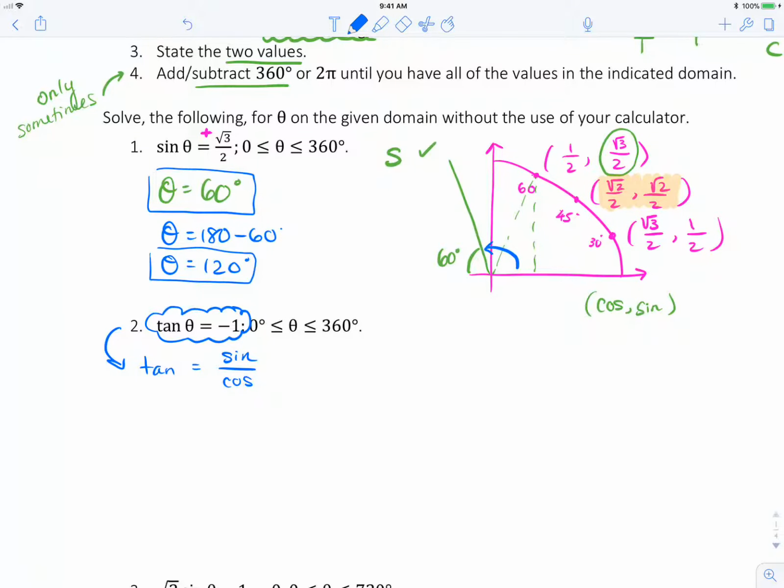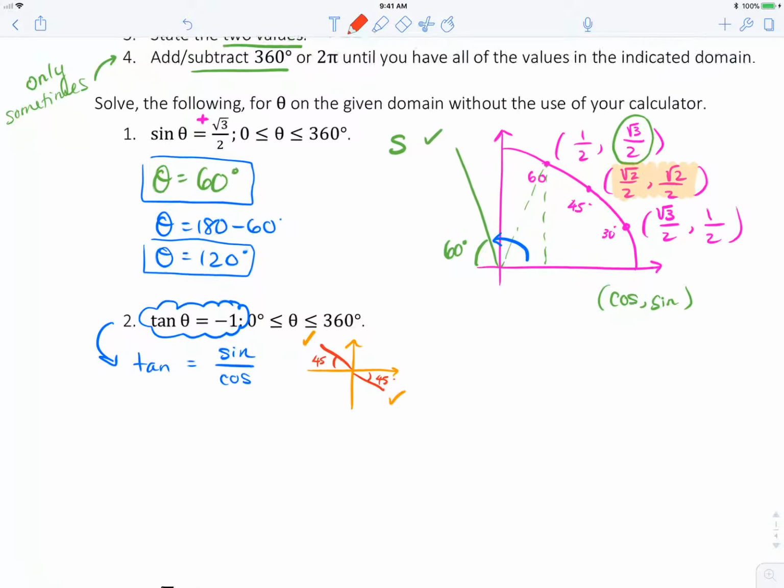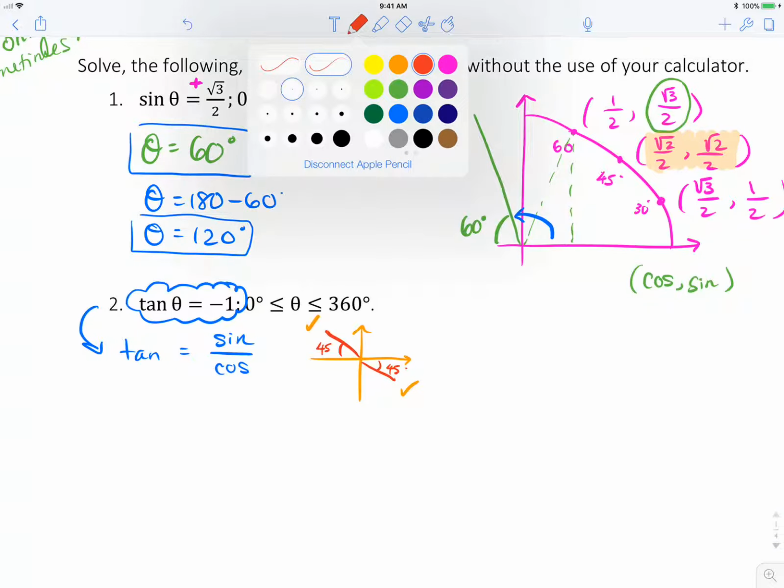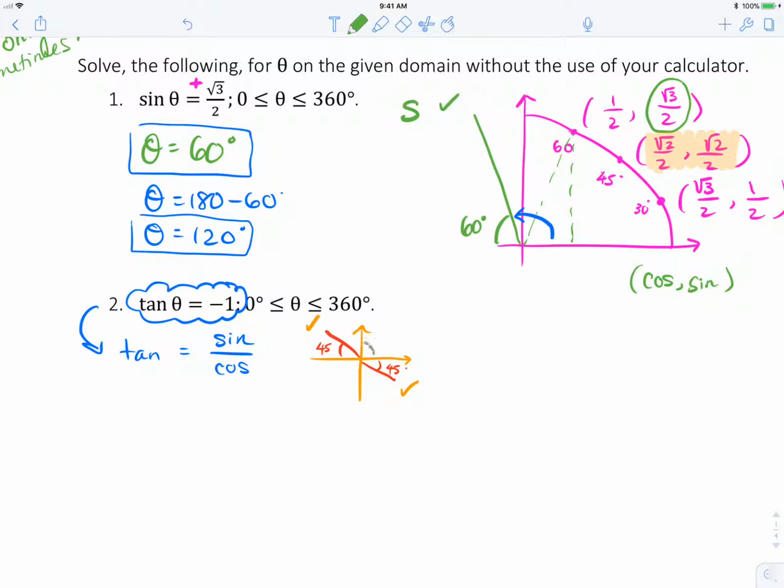Okay, 45 increments give me that positive value. Now I want it to be negative, so I think about my CAST rule. Tangent is negative here and here. So my reference angle would be 45, and this would also be 45 degrees. To get my first angle, we'll make it green here, we'll say theta would be 180 minus 45.